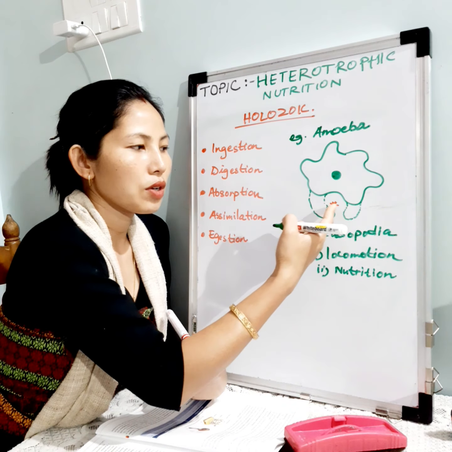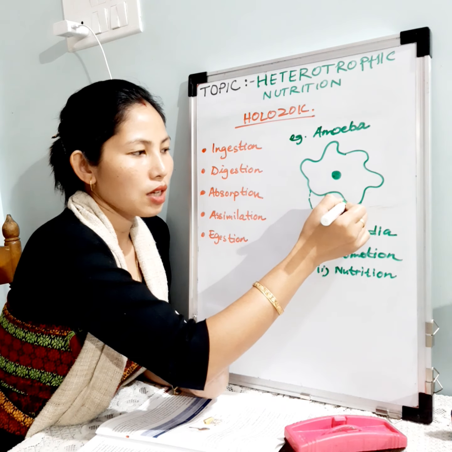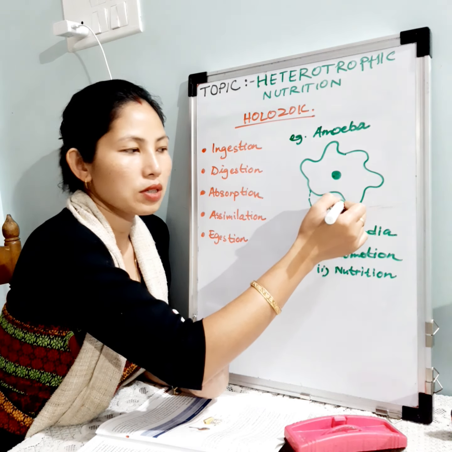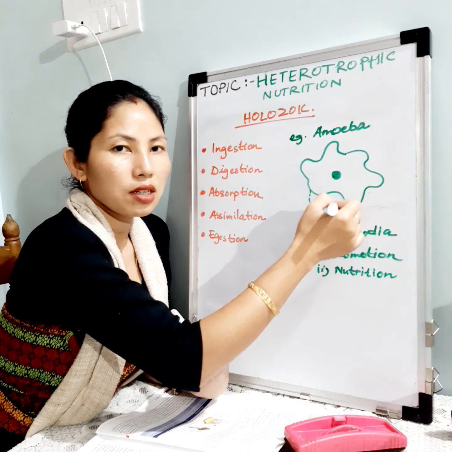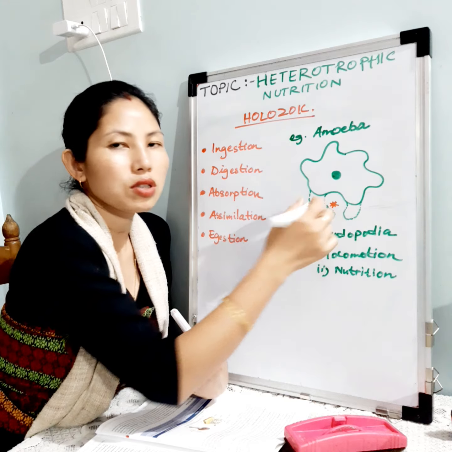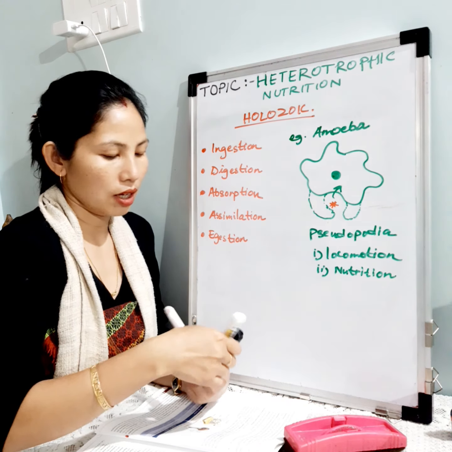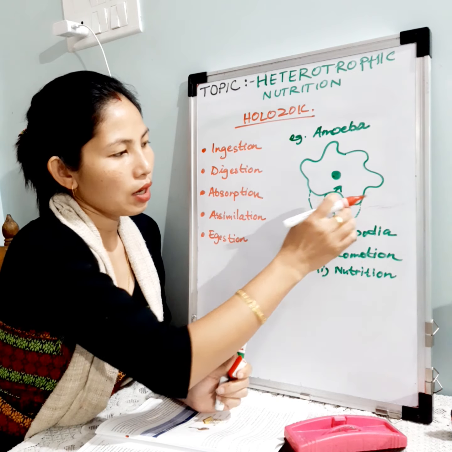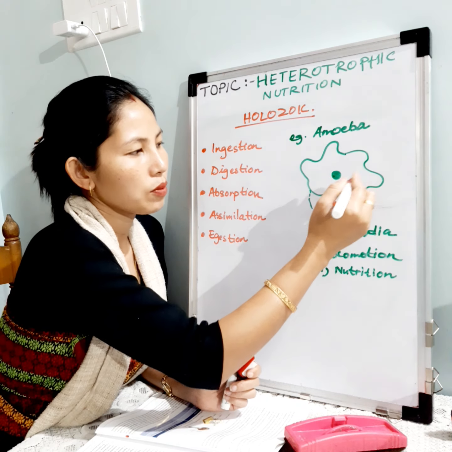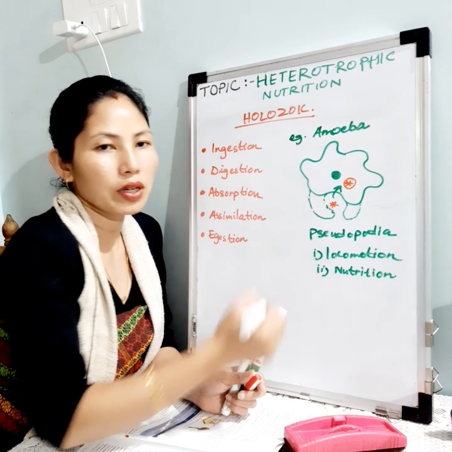As I said, whenever it senses the presence of food nearby, it will start to extend its cell membrane and encircle, or surround, the food. As a result, this food will be taken inside the body, into the food vacuole.